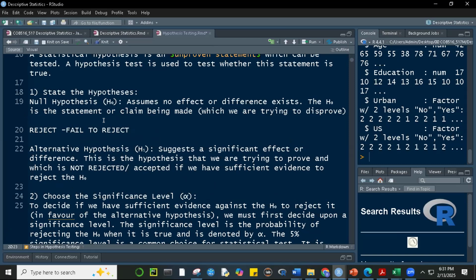These are the conclusions that we derive from the null hypothesis. We do not accept the null hypothesis because we're not really trying to find evidence to prove the null hypothesis. Okay, rather we are trying to find evidence to reject it. Okay, and not to accept it.